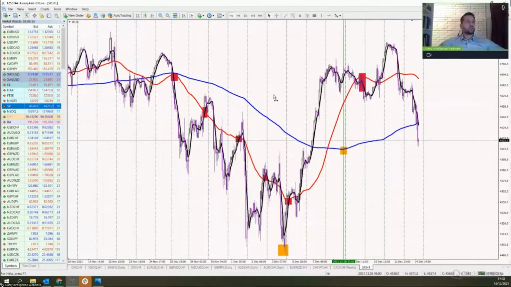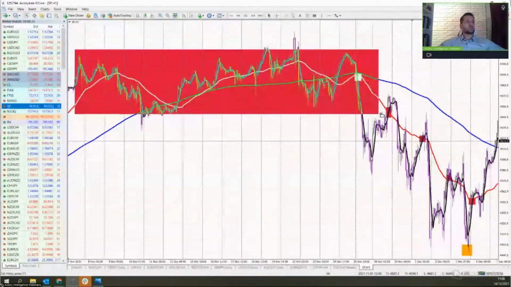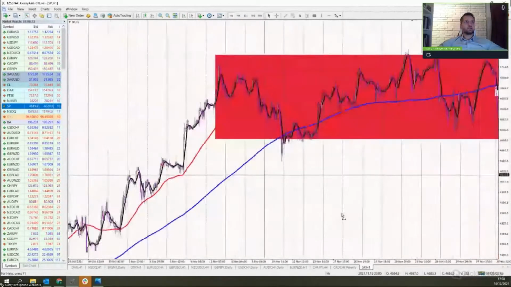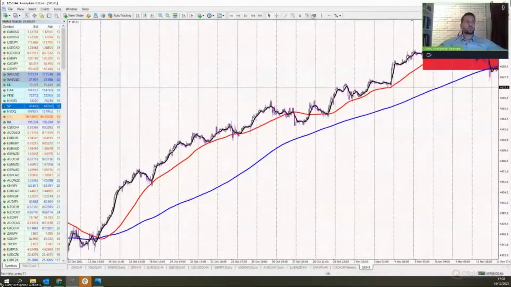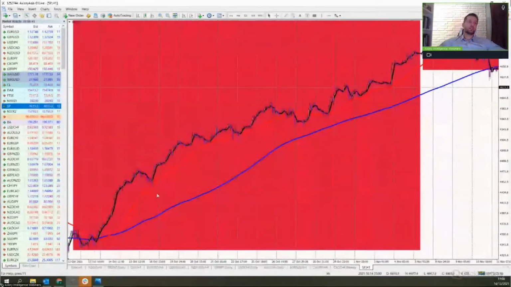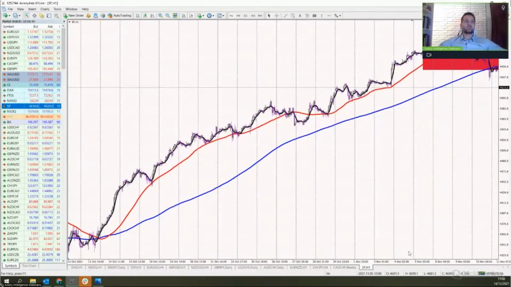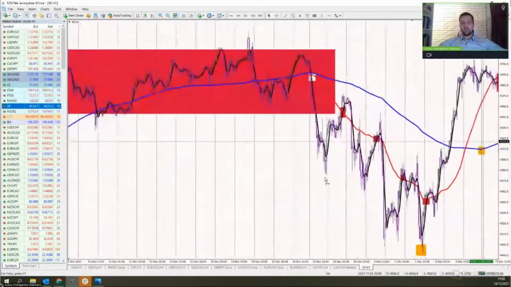So, for example, you can see this is H1 chart, but here we do have a sideways trend. And in sideways trend, moving averages do not work properly. On the other hand, here you have a clear trend. And in trends, moving averages work perfectly. So, hint of the day.